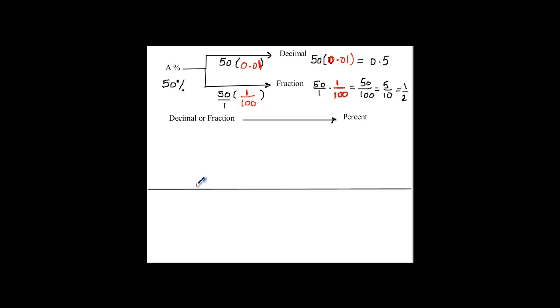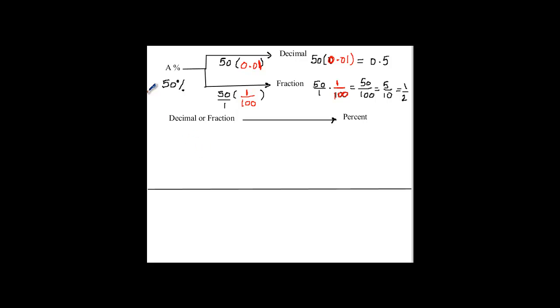Okay, very good. Those factors are always the same. So whenever you need to convert a percent to a fraction, it's always times 1 over 100. And if you need to convert a percent to a decimal, it's always times 0.01. Yes, definitely.